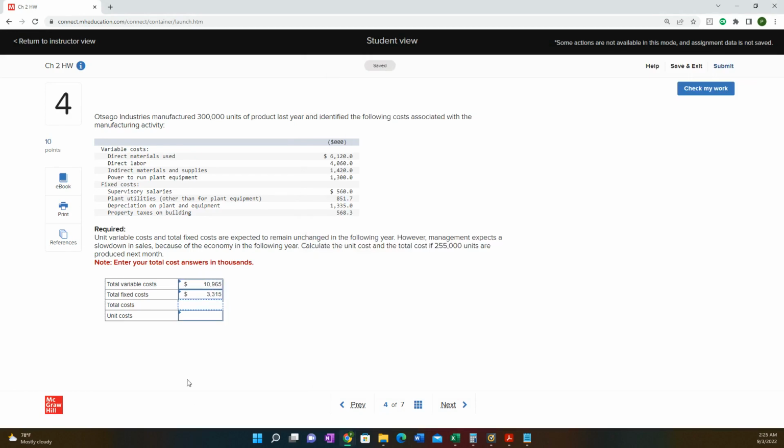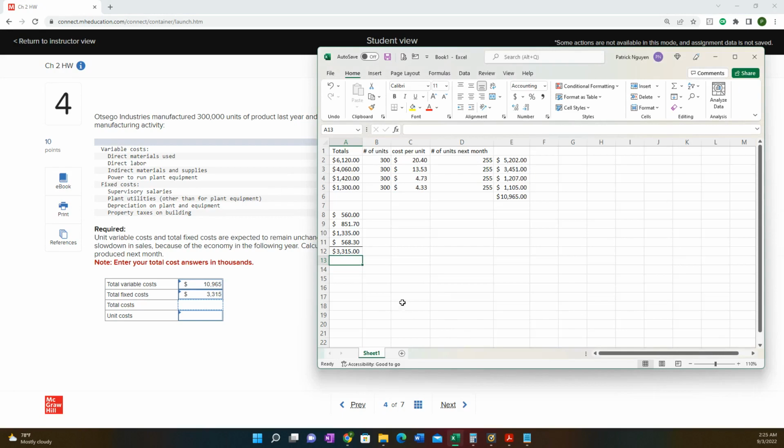Our total costs would just be our variable cost of 10,965 plus 3,315. So what you can do there is click on any open cell, push equals, click on the first amount, plus, then click on the second amount, then push equals, and it gives you the total, 14,280.